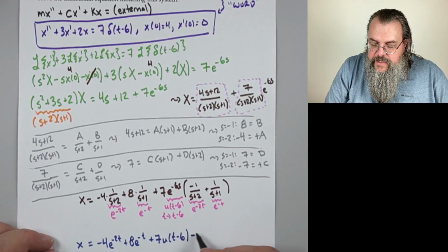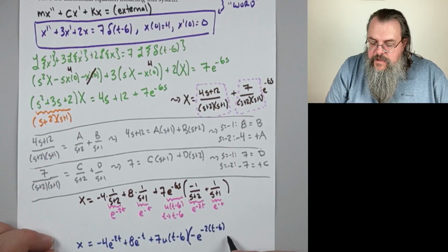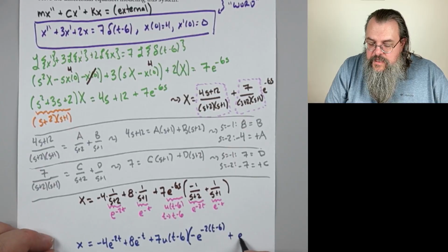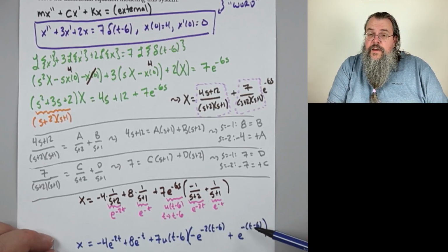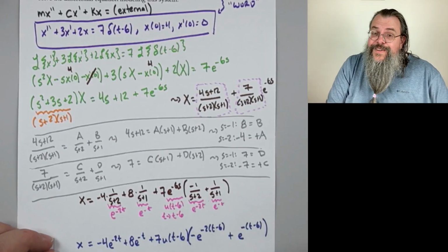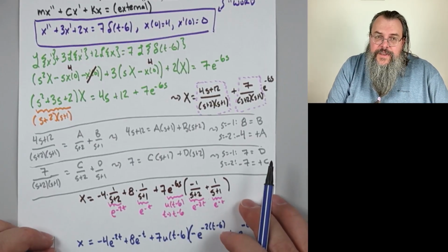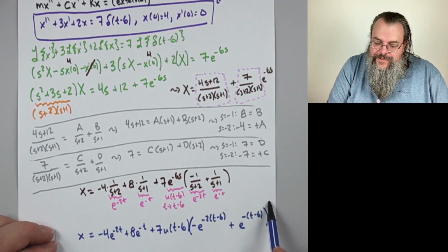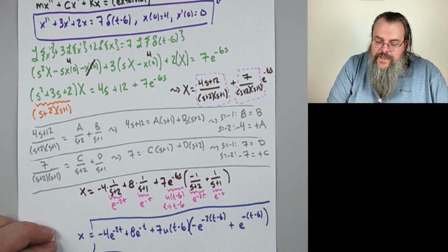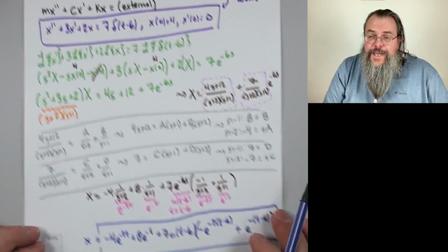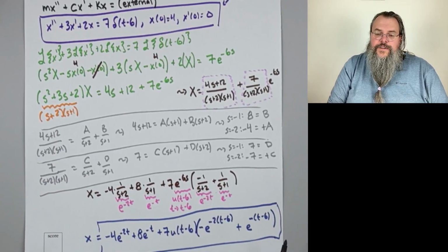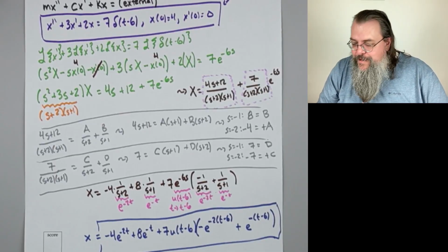And we're going to get minus e to the -2 times (t minus 6) plus e to the minus (t minus 6). See how we took these t's and put t minus 6? Also notice our generous use of parentheses, so we didn't make any mistakes. Yes, parentheses are very, very nice. They're wonderful tools, and you should use them extensively. They'll save points. Someday, you'll look back and say, oh, I'm glad I was using my parentheses.